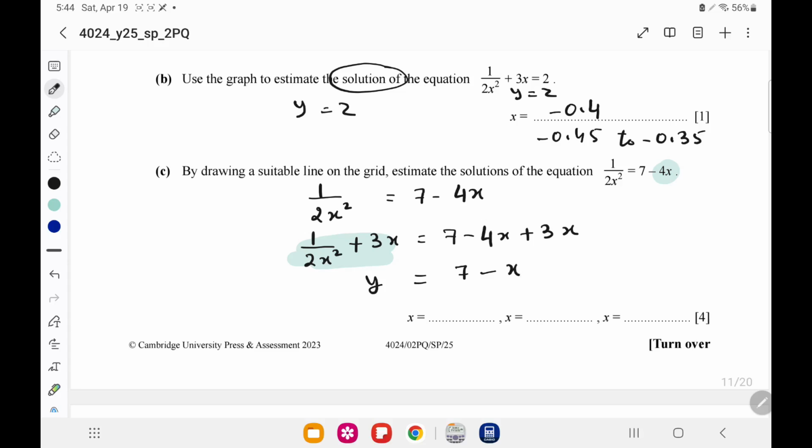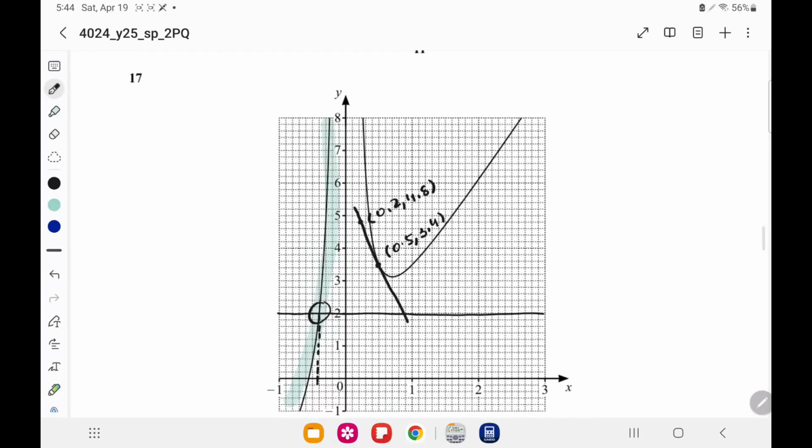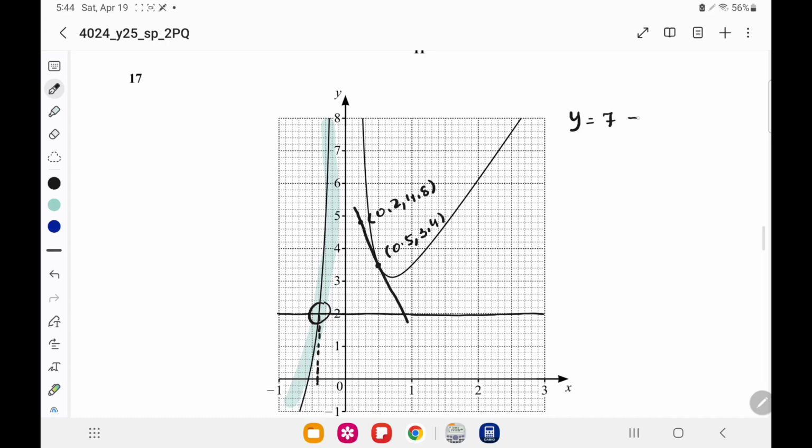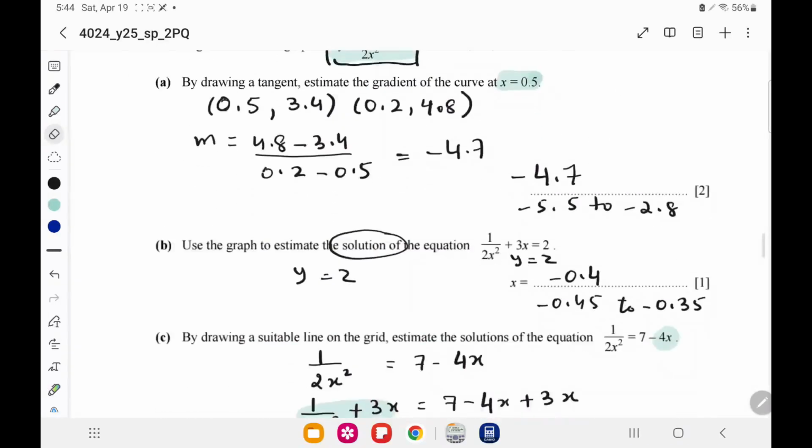Now we are going to draw the line in the same way we did for y equals 2. So y equals 7 minus x. Make a table, x and y. If I'm taking 0, I'll get the y-intercept, which equals 7. If I'm putting 1, it's 7 minus x.